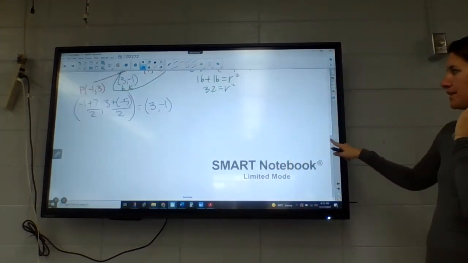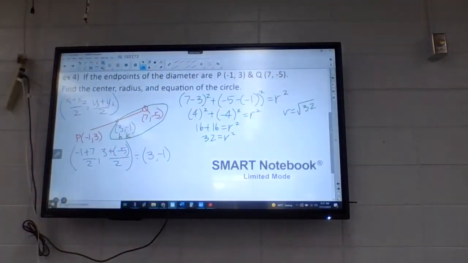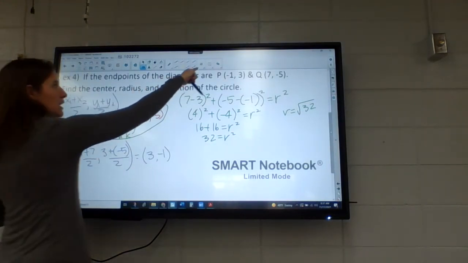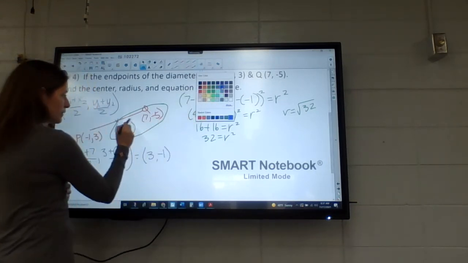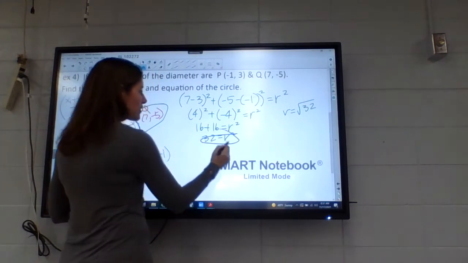But if they want the equation of our circle, the last thing we'd like to do is put this all back together again. They want the center, they want the radius, and they want that in our circle equation. So we're going to take all this now and put it together.